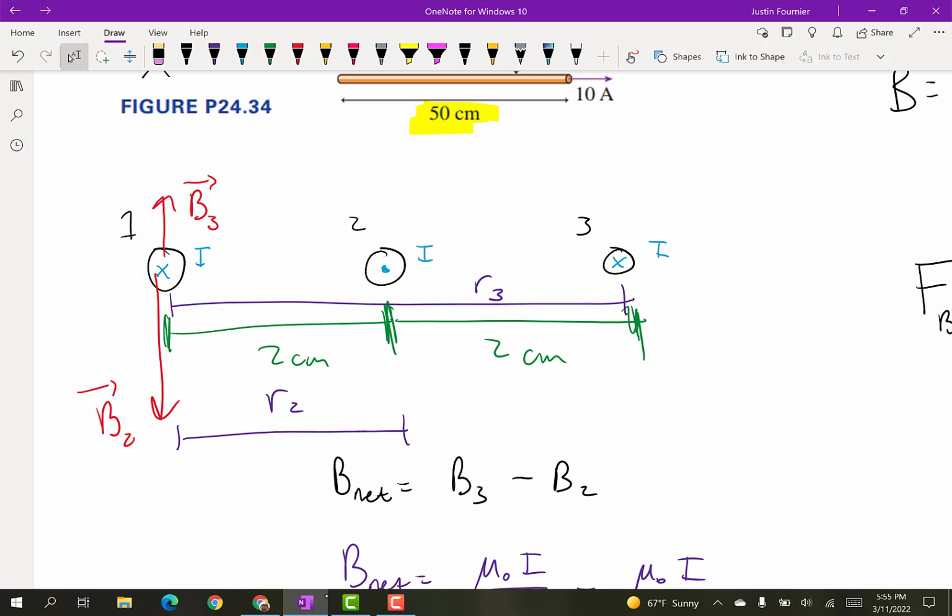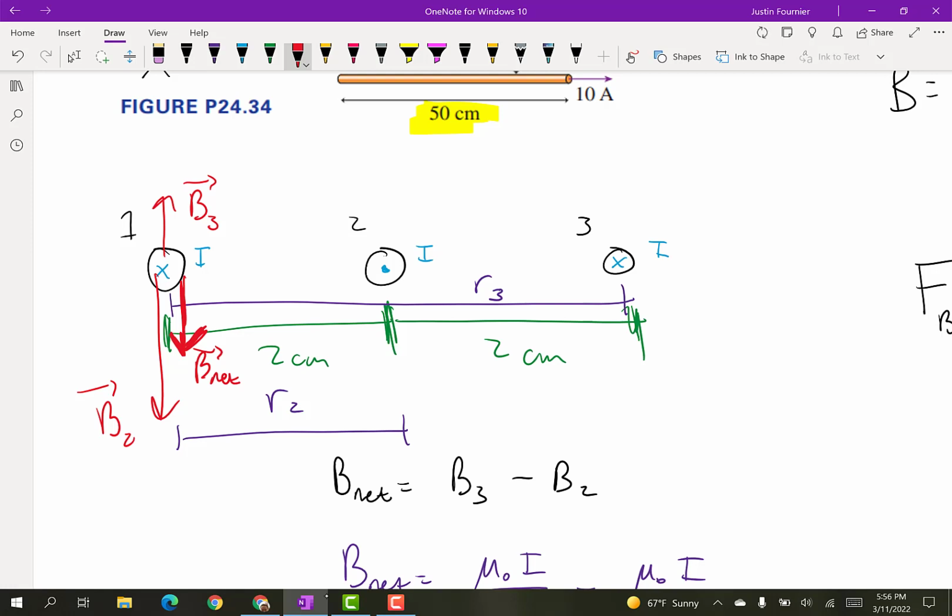Now, the net magnetic field points downward, right? And so now I can use my right-hand rule again to find out what the direction of the force is going to be. So I'm going to use right-hand rule 2. My thumb's going to go in the direction of the current, so it's going into the page.